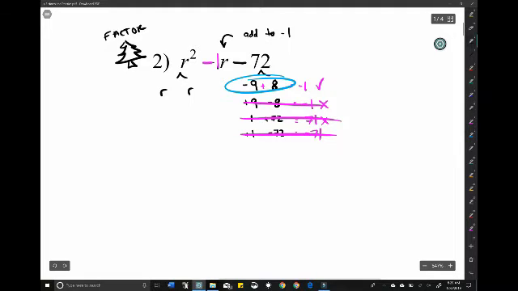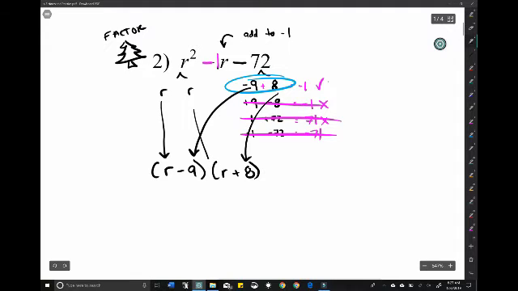Now, what do we do with those numbers? We're just going to write one factor as r minus 9, and the other one is r plus 8, and that is our factored answer.